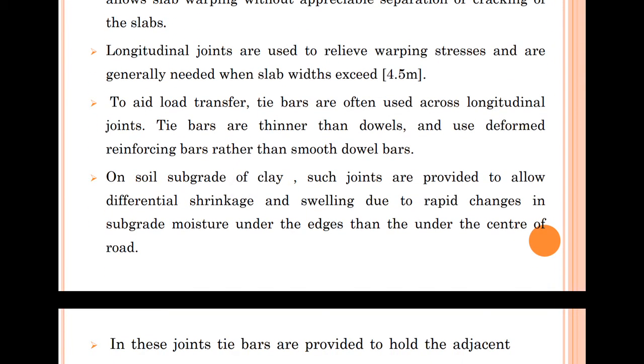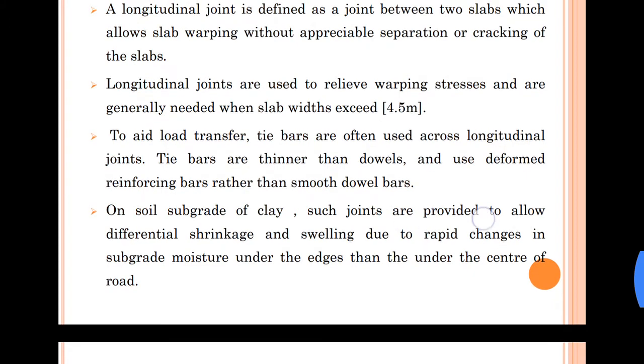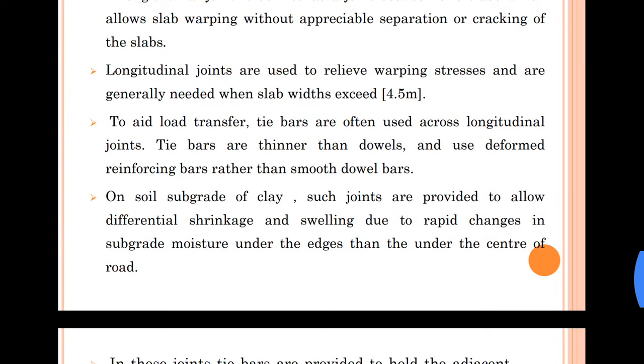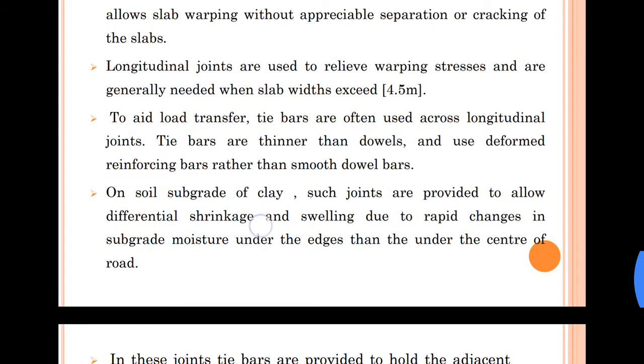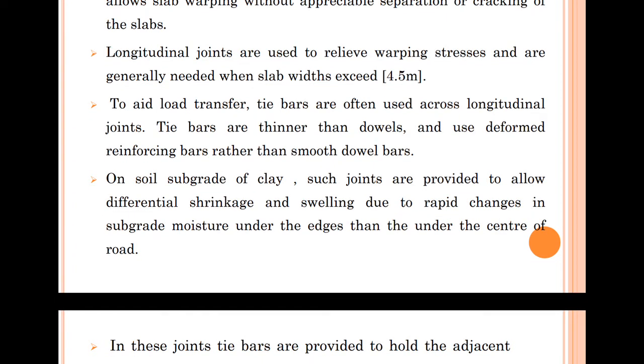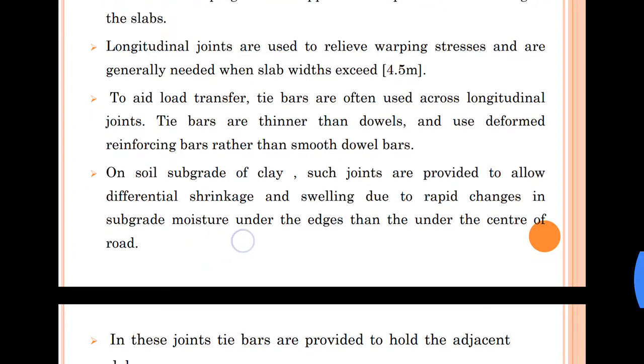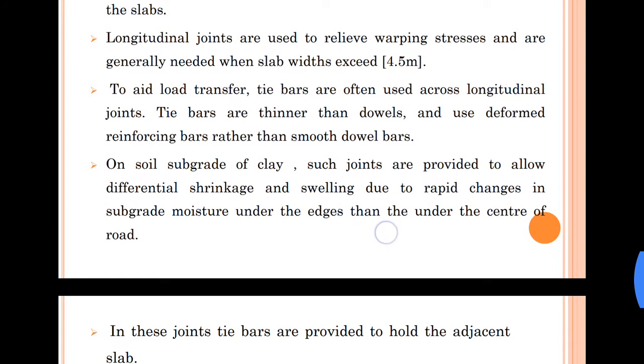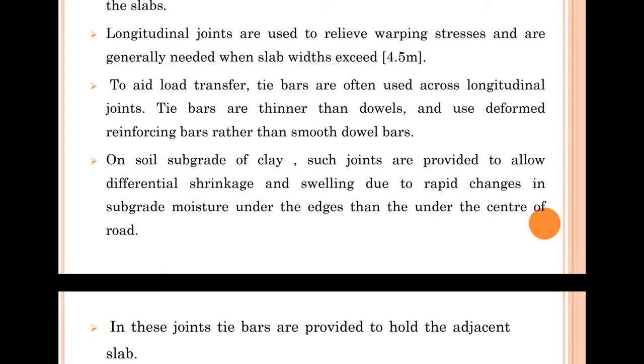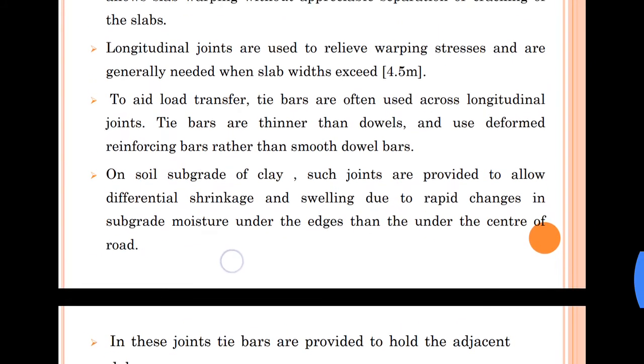On soil subgrade of clay, such joints are provided to allow differential shrinkage and swelling due to rapid changes in subgrade moisture under the edges compared to under the center of the road.